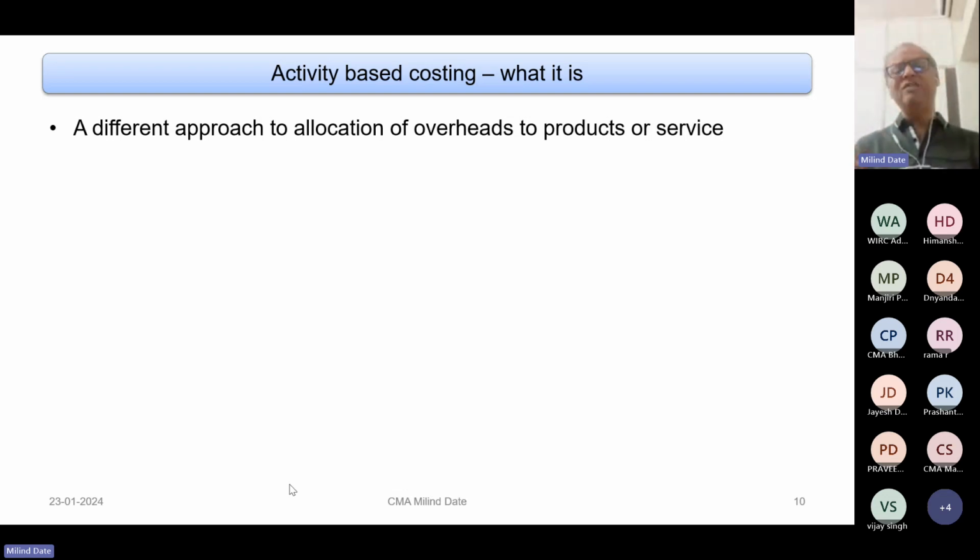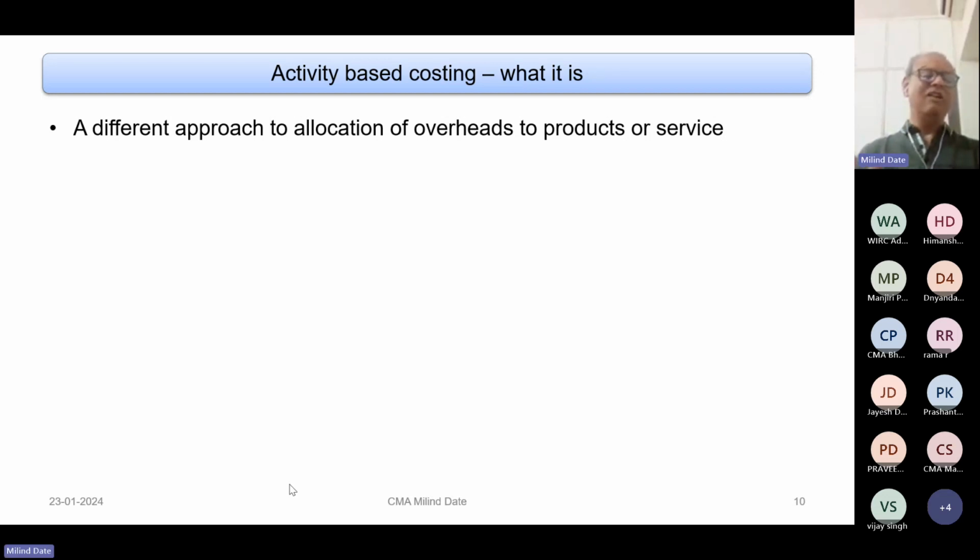And one characteristic of these traditional methods is, generally we tend to absorb the overheads using a single rate, such as a labor hour rate or a machine hour rate. But then the basis of this allocation and apportionment most of the times is really arbitrary. And if it is arbitrary, naturally the costs which we compute also will tend to be arbitrary, and that could lead us to wrong decision making.